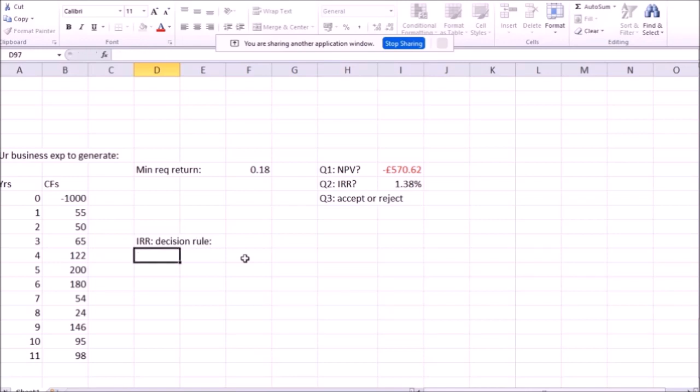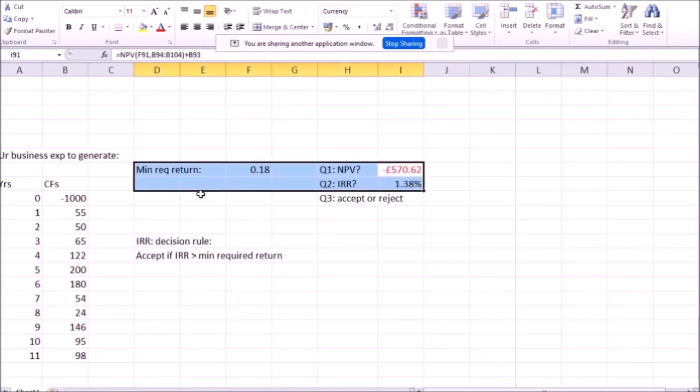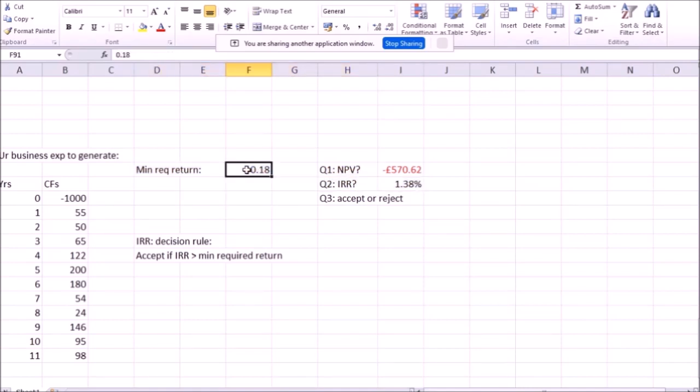The decision rule for IRR is: accept only if IRR is greater than the minimum required return. In that case, it's going to give us the same answer for accept or reject as NPV, because we put the minimum required return into the NPV calculation to find whether it's positive or negative.